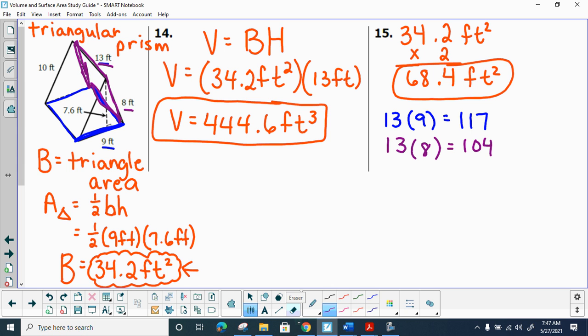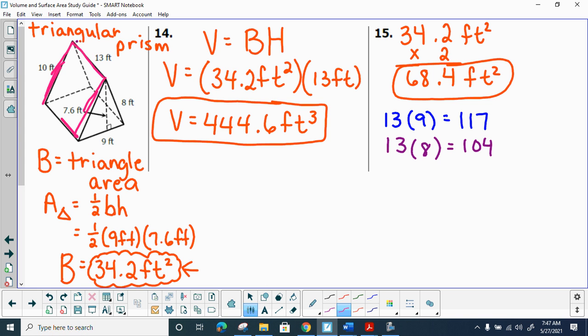And we have one more rectangle. I think I'm going to have to do a little erasing here to be able to mark it out. This one is 10 feet by 13 feet.